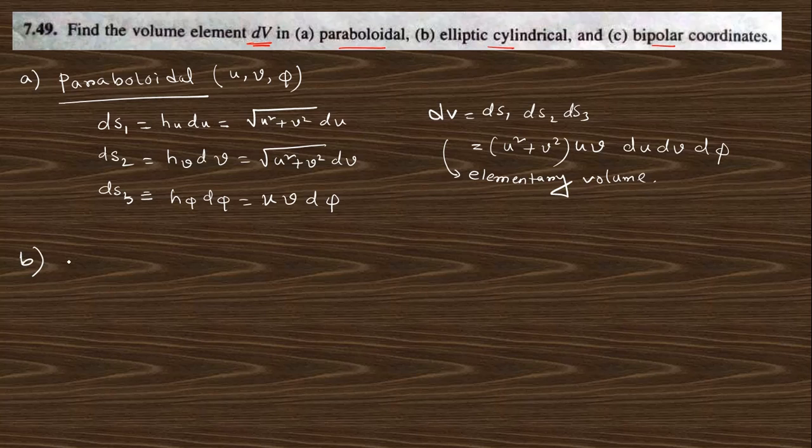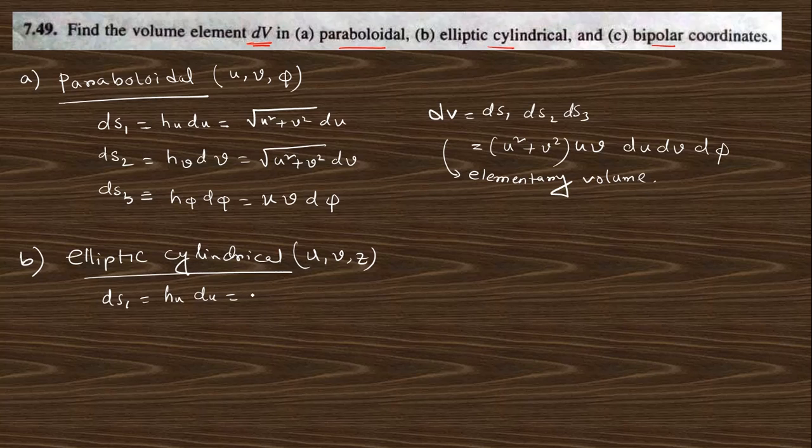Next is the elliptic cylindrical coordinates. Okay, for elliptic cylindrical, this is u, v, z also, and ds1 can be written as h_u du.